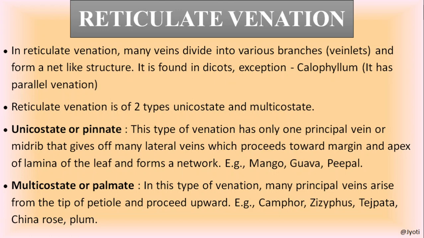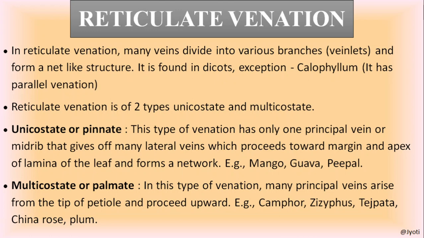Very important. All the dicot leaves are having the reticulate venation except Calophyllum, which has parallel venation. So this exception is important. This is the only exception which has parallel venation and the plant is dicot. Otherwise, in all dicot plants, the venation is reticulate venation.